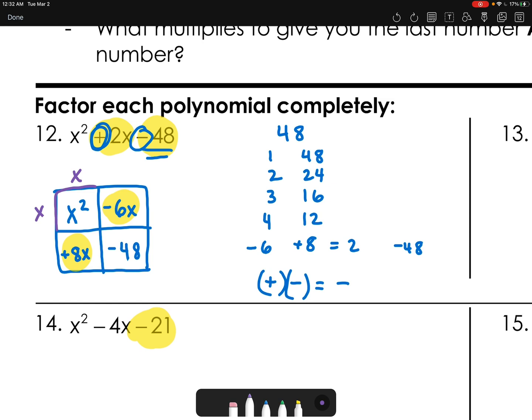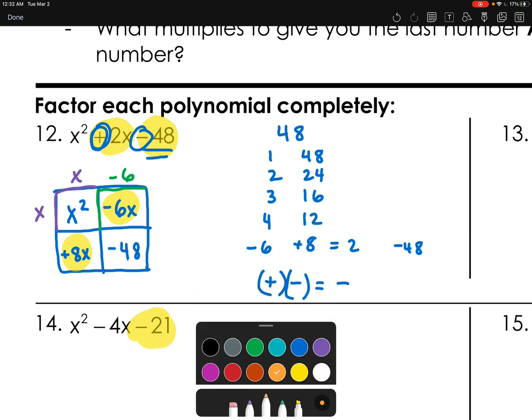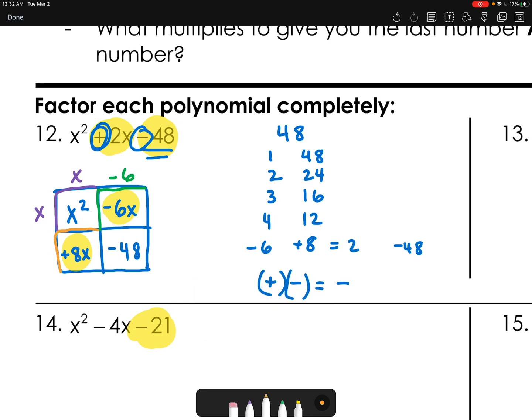What do you need to multiply x by to get negative 6x right here? x times negative 6 is going to give me negative 6x. And down here, I need to think what times x will give me 8x. Well, positive 8.